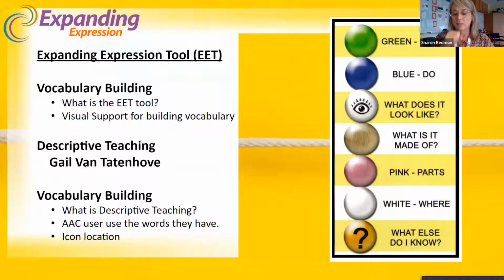I use this tool as visual support for helping us build vocabulary, for expanding what that category is, and helping with categorization. I also use it to give us a structure we can use when we're watching a video, and you'll see some of the videos we bring up.